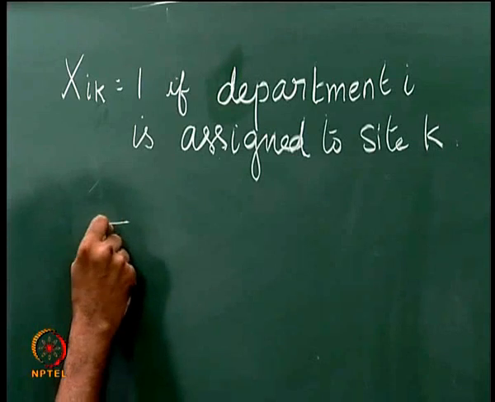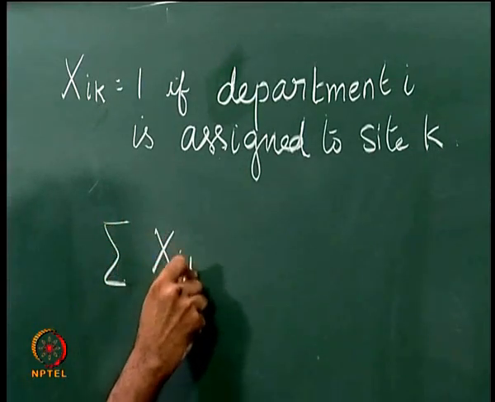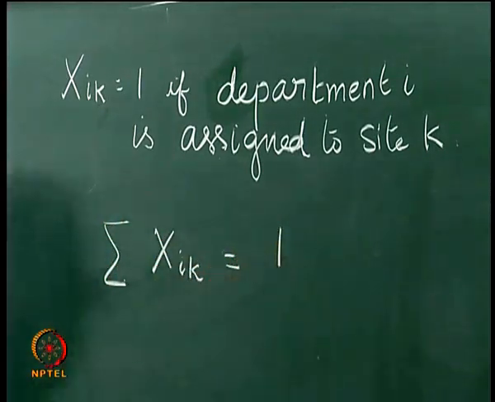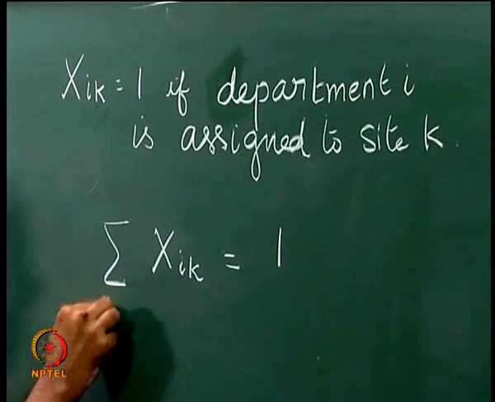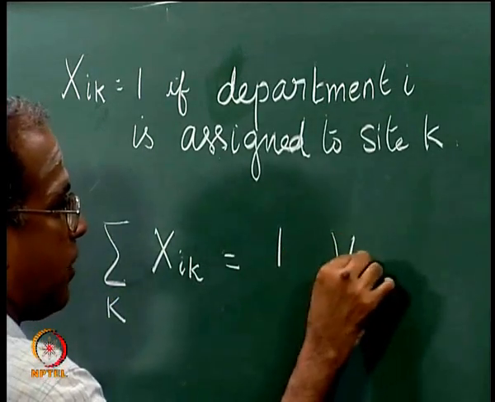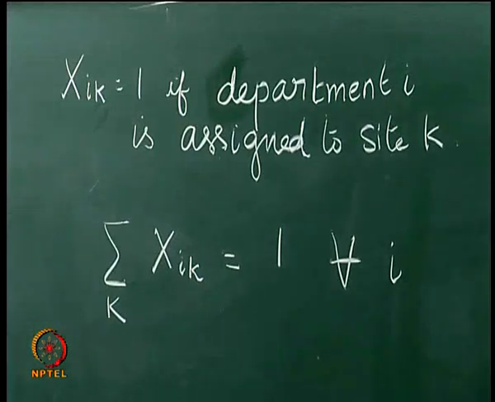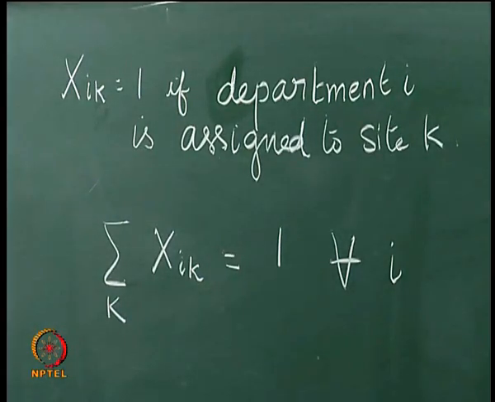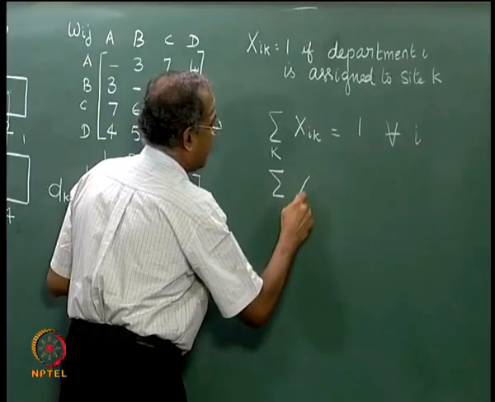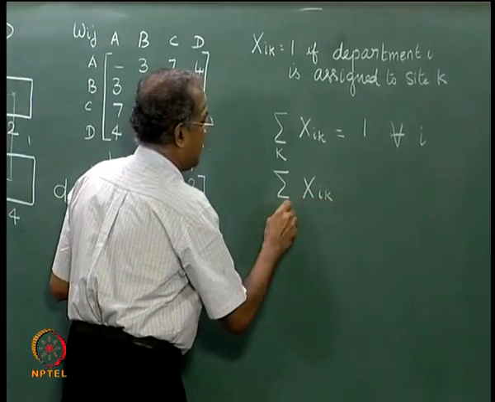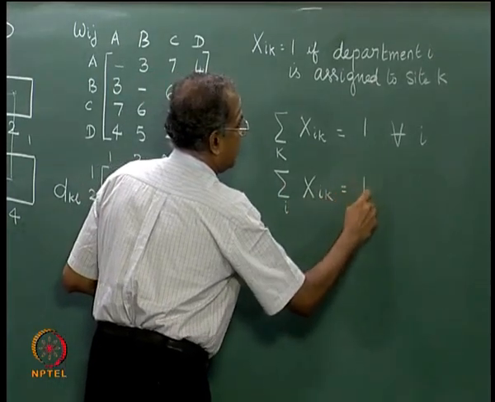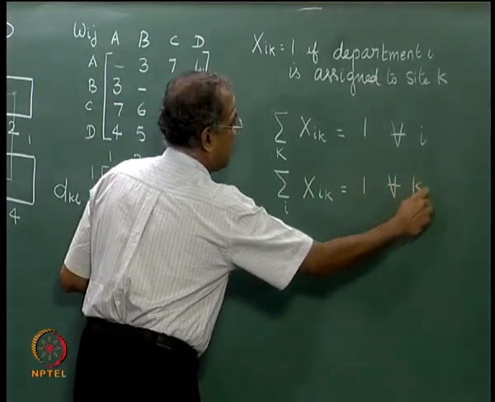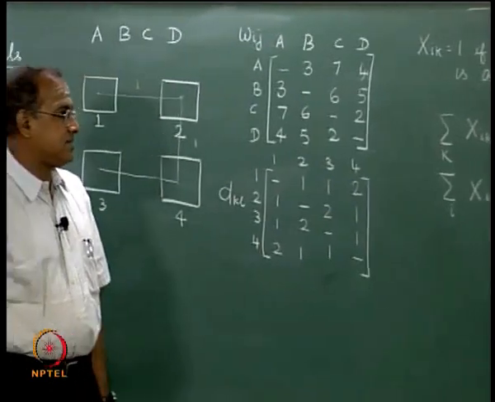So, sigma xik equal to 1 summed over all k, for every department i. Every department i goes to only one site. Every site gets only one department: xik summed over i equals 1 for all k, where k is the site.